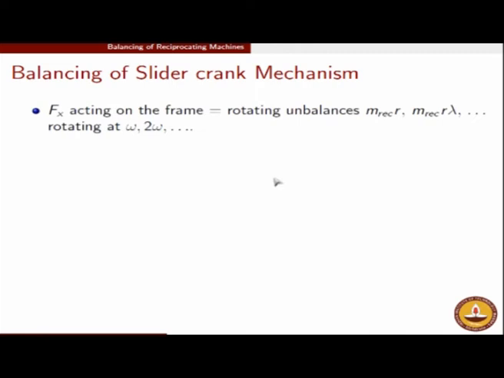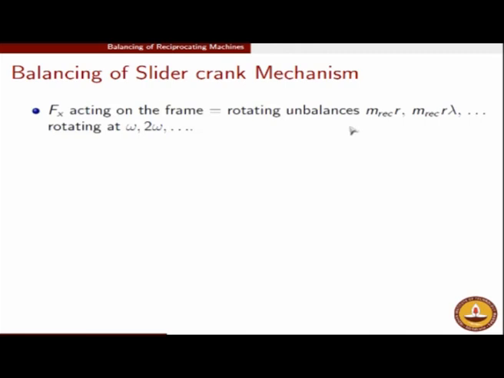So now coming to how we can balance the slider crank mechanism. We can balance it in this fashion, and this is why the approximate analysis is so interesting, because it leads us to the procedure of balancing. The exact analysis, though everything is correct about it, did not lead us to the procedure of balancing.